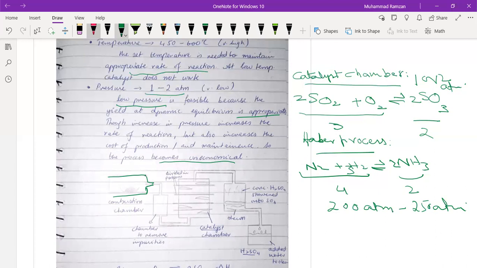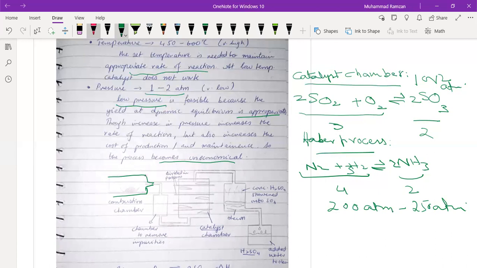Then this is the catalyst chamber. In the catalyst chamber, the catalyst is vanadium 5 oxide. Then it is pushed into another chamber, where concentrated sulfuric acid is showered to produce oleum. And then water is added to get H2SO4.